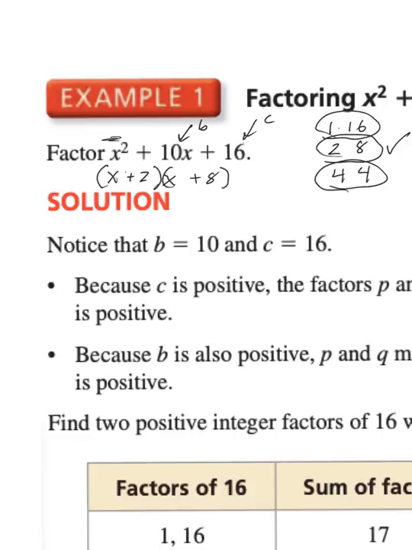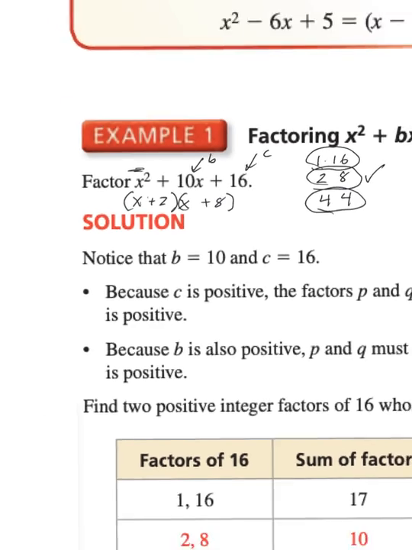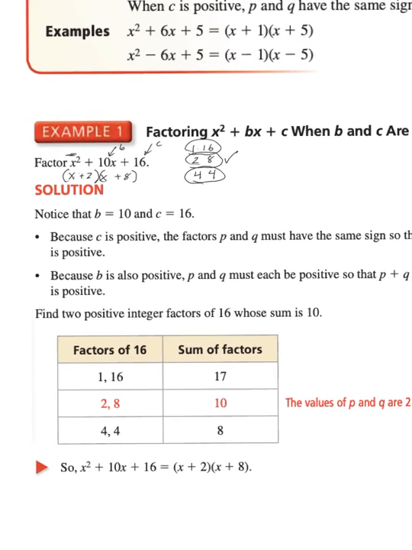And that's it. Now you might wonder, does that really work? Well, let's go ahead and multiply it. If I have x plus 2 times x plus 8, let's multiply the first terms. You got x squared. Outside terms, x times 8 is plus 8x. Inside terms, 2x. And then the last terms, 8 times 2 is 16.